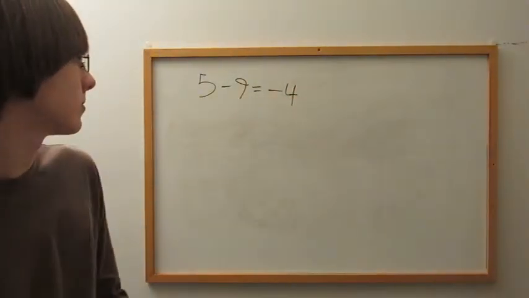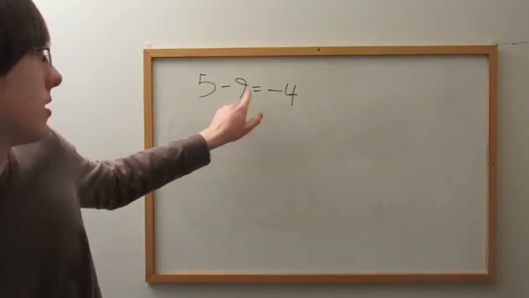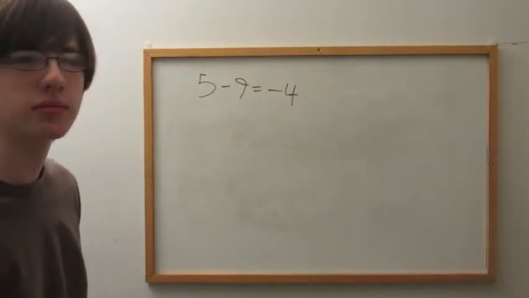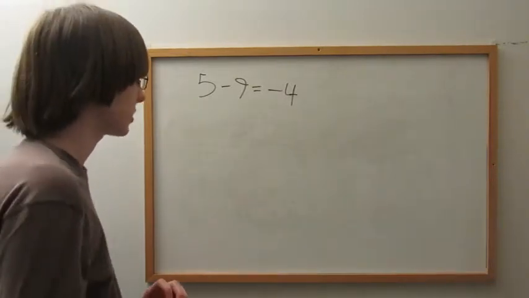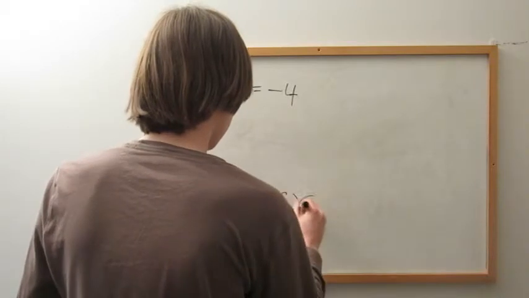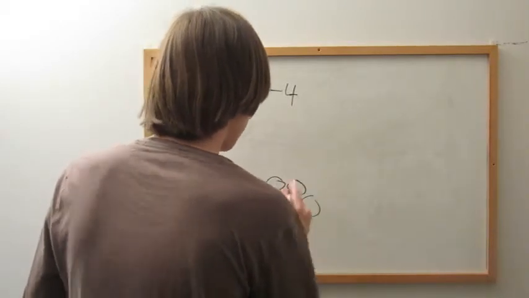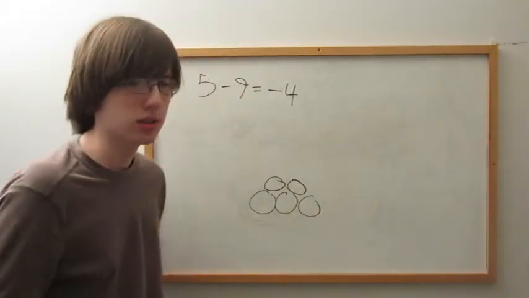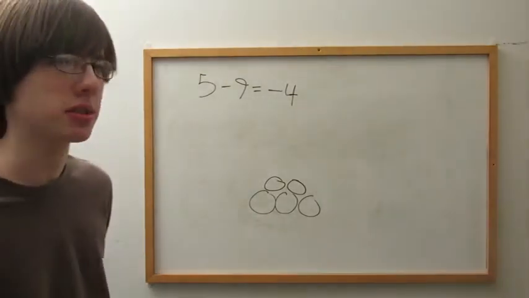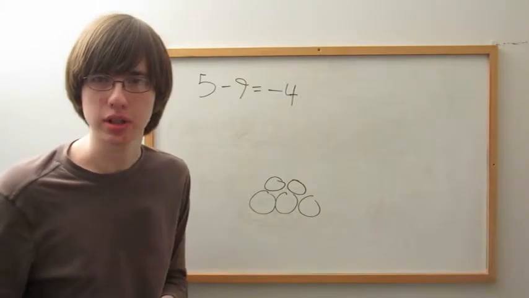Whoa, what's that sign? It looks like a minus. Kind of is, actually. Let's think about this. We have 5 apples. And let's say Bob is coming here and he's really hungry.